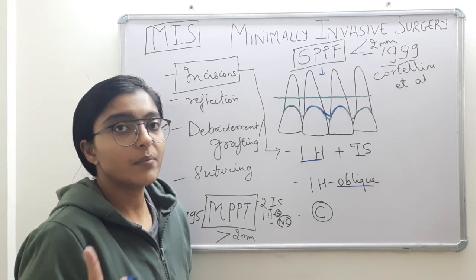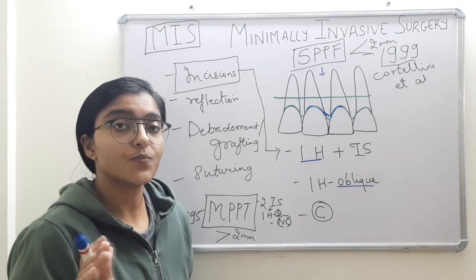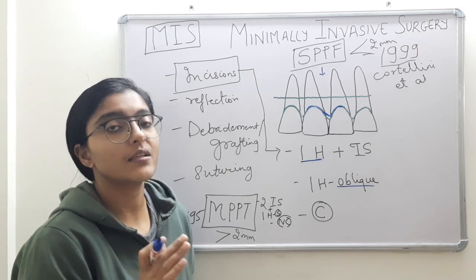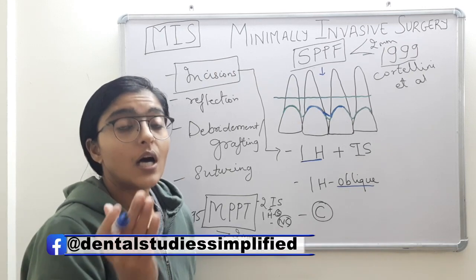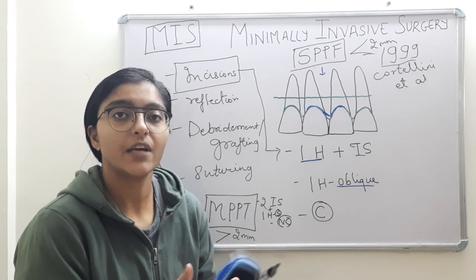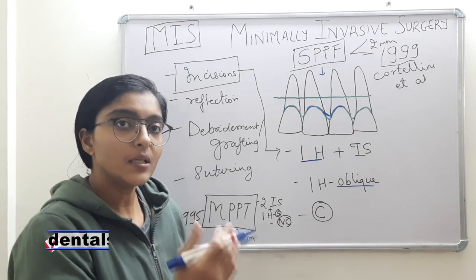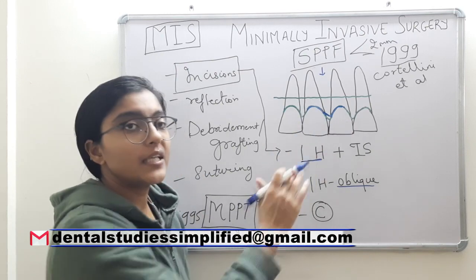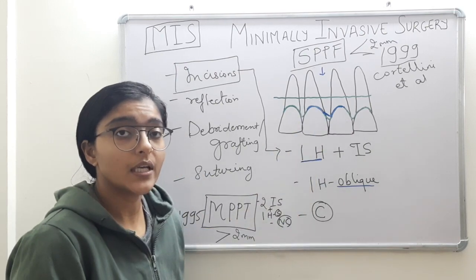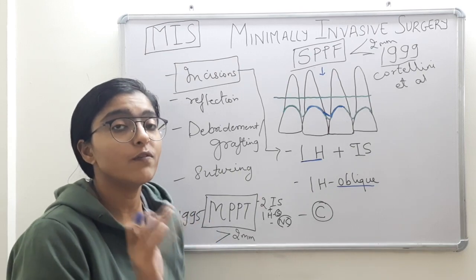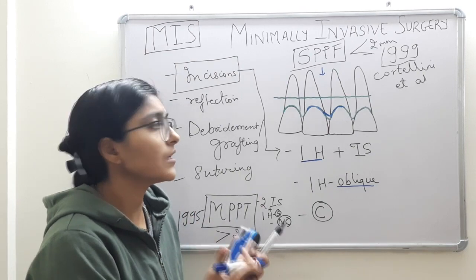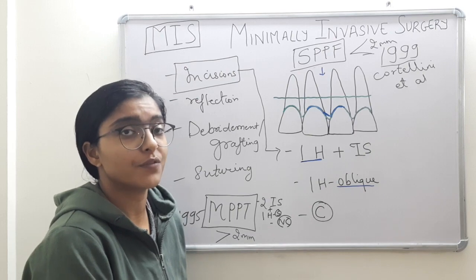The first ever minimally invasive surgical technique was proposed by Harrell and Rees in the year 1995. The article 1999 that we have already discussed in one of my previous videos. Clear? And then we have these two techniques which are, I am repeating again, modifications of papilla preservation flap.